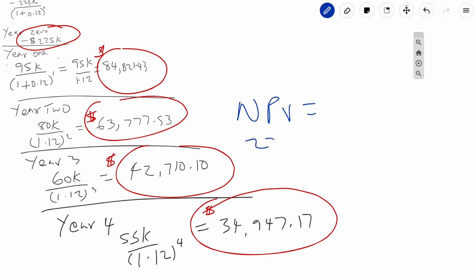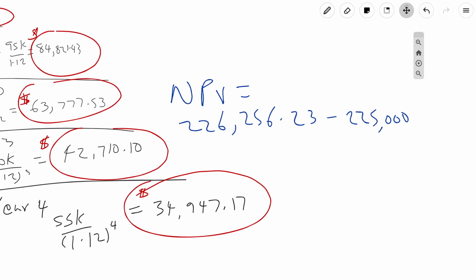equals 226,256.23 minus the 225,000. And what you're going to end up getting is 1256.23.